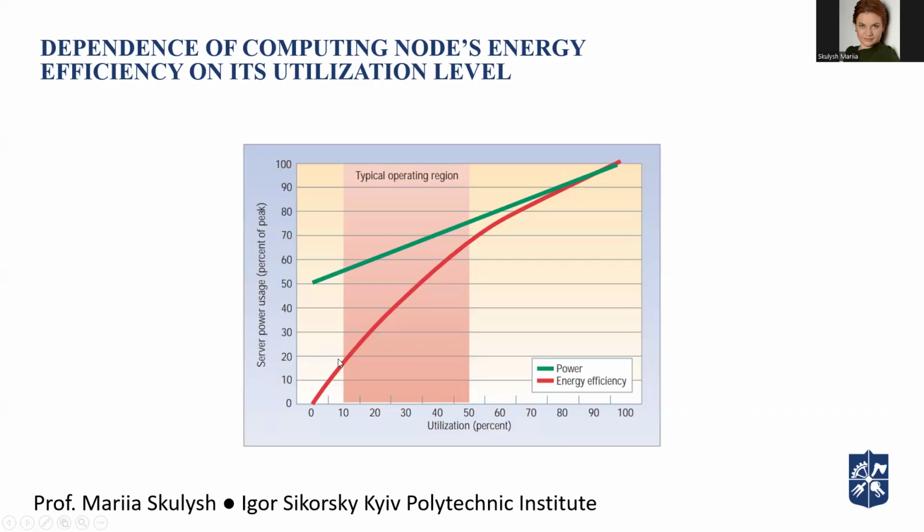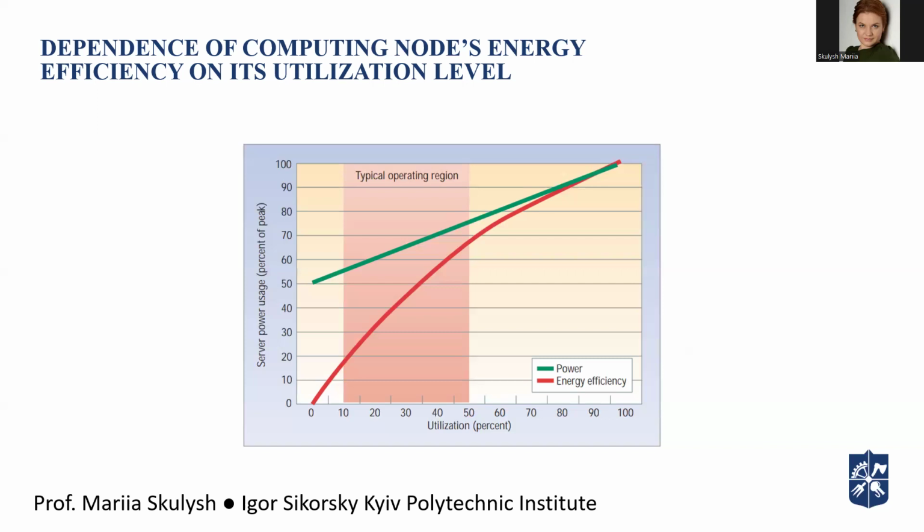Here 80% is power usage on one side and percent of CPU utilization on the other. But when, for example, 70% gives us 50% utilization.